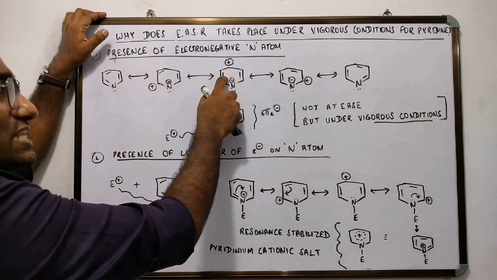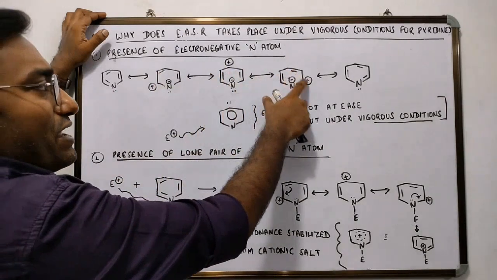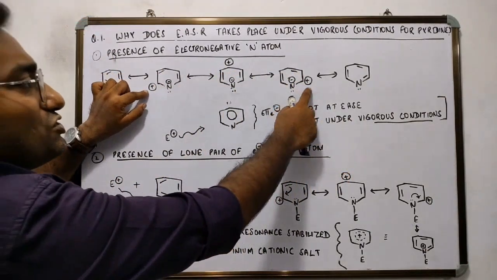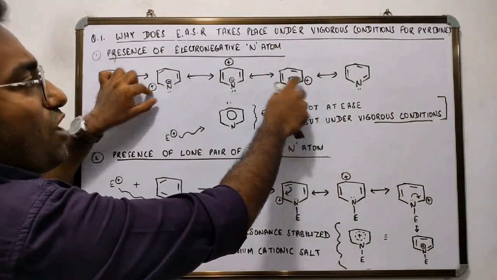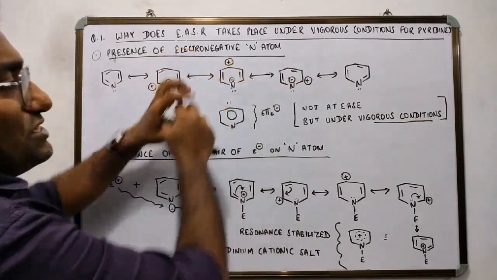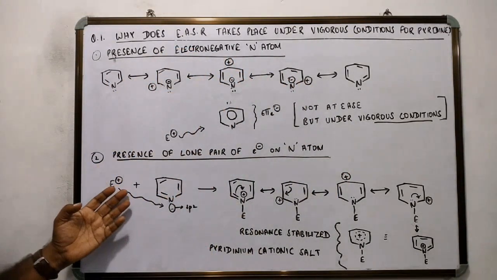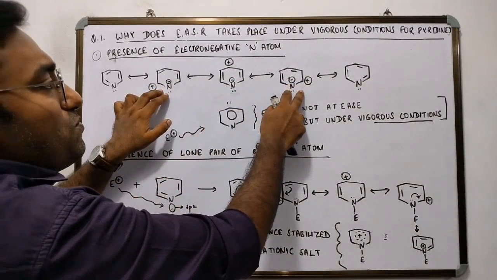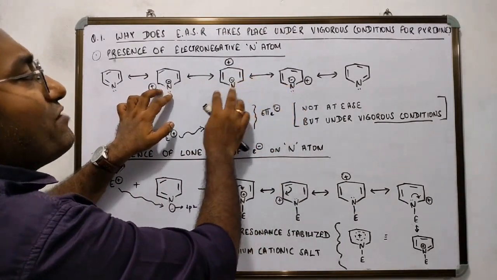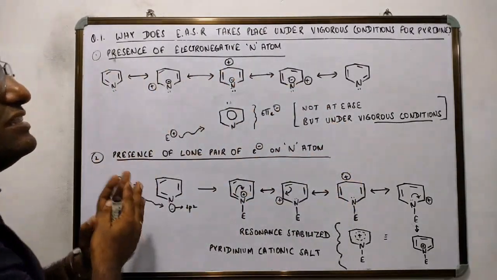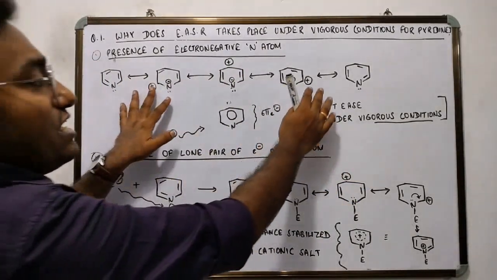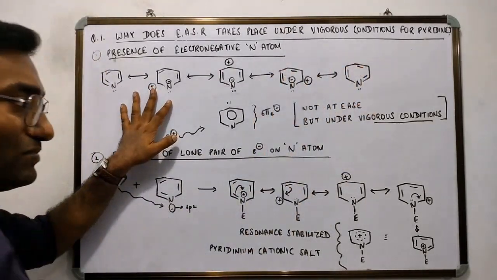What follows next is a cascade of electron pair transfer, which results in a positive charge at the ortho and the para positions. That is, in other words, the nitrogen atom pulls an electron pair from the pyridine ring, thus resulting in a great electron deficiency in the pyridine ring.